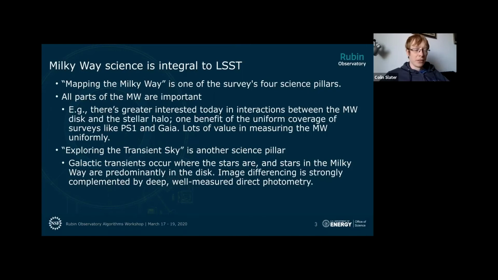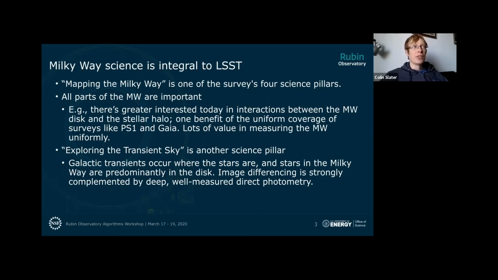Another science case is that galactic transients occur where the stars are. And so to fully explore the transient sky, as the science book describes it, we need the Milky Way disk.